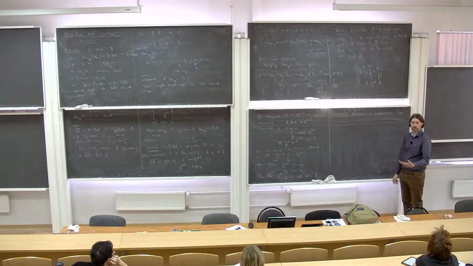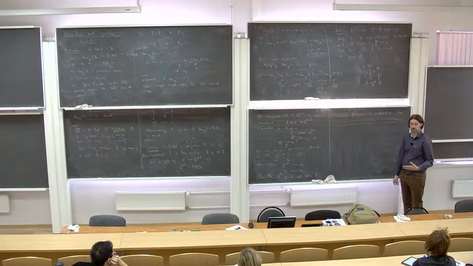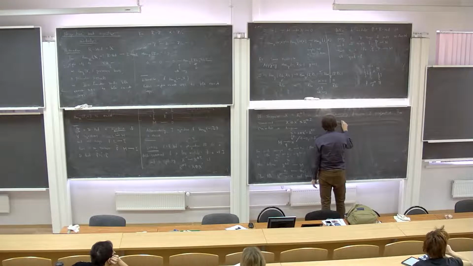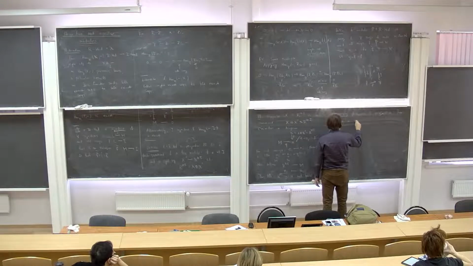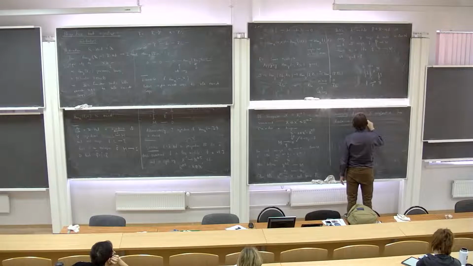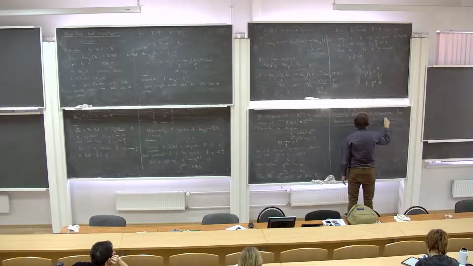What can we always do for any module? We can find a free module that surjects onto it by choosing a bunch of generators for the module. For instance, we could choose as the generators all the elements of the module. That would be very redundant, but it would work. So then choose a set of generators, let's call them xi's.